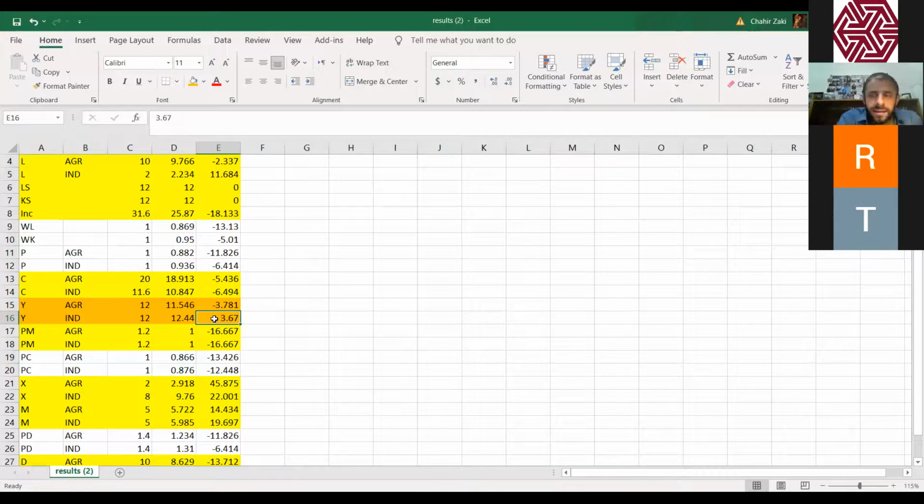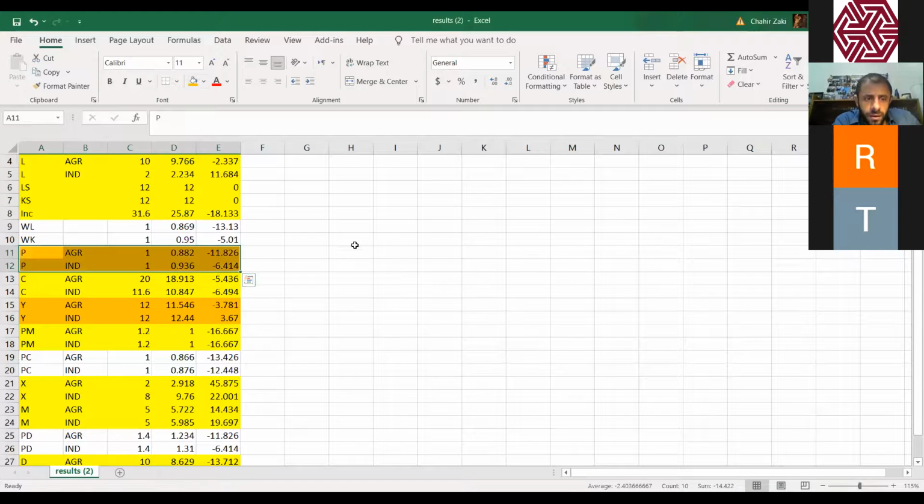Well, let's look at the behavior of prices. What does P represent? That's the price of the producer. Of producer, exactly. So what happens here in the economy is that the producer price decreased for agriculture more than for industry because of this competition, which made domestic producers less interested in the domestic market.